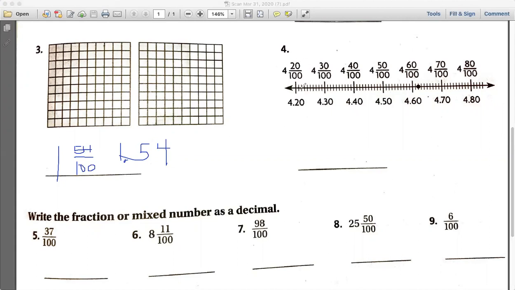So 4 and 20 hundredths, and this is how it looks as a decimal. Okay, so we need to figure out what's in between 4 and 60 hundredths and 4 and 70 hundredths. Okay, so between 60 and 70, 61, 62. Oh, here we go. Okay, so 62, that's going to be 4 and 62 hundredths.